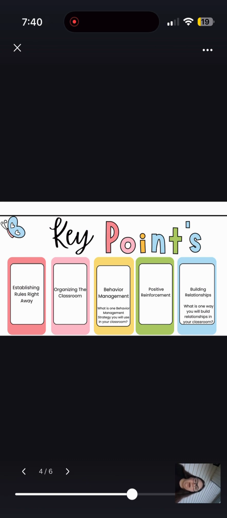It can be anything, but I have noticed that teachers do a lot of privileges and rewards at school, not necessarily something that they take home. I think that works better because they look forward to coming to school. So yeah.